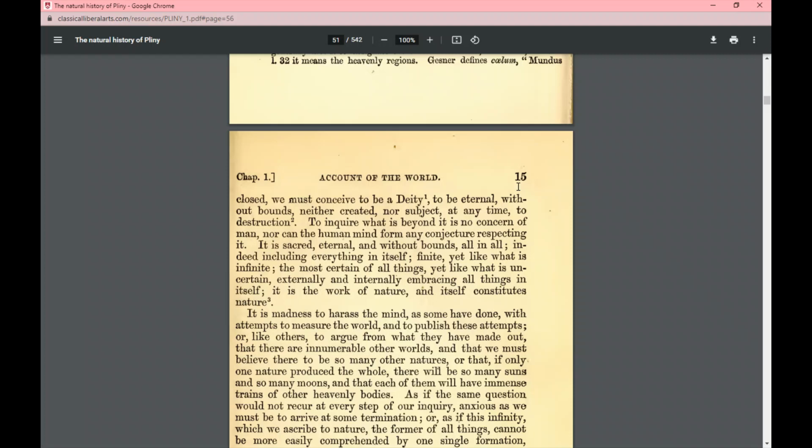What is a deity? Do you know what a deity is? A god. So Pliny says, and this is interesting, we must think that the world and the heavens together is a god.